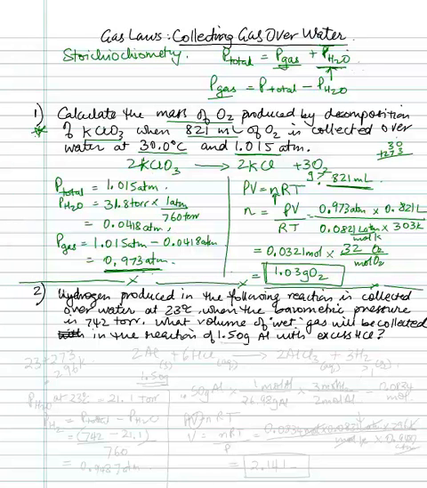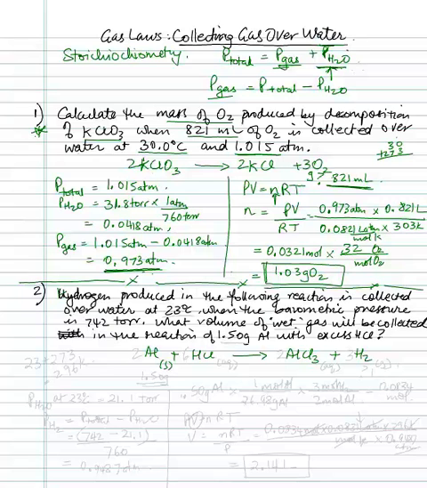The next problem that we're going to work on is a little bit of a stoichiometric problem. So here, hydrogen is produced in the following reaction, which is over here, and that is aluminum plus HCl to give aluminum chloride and hydrogen.